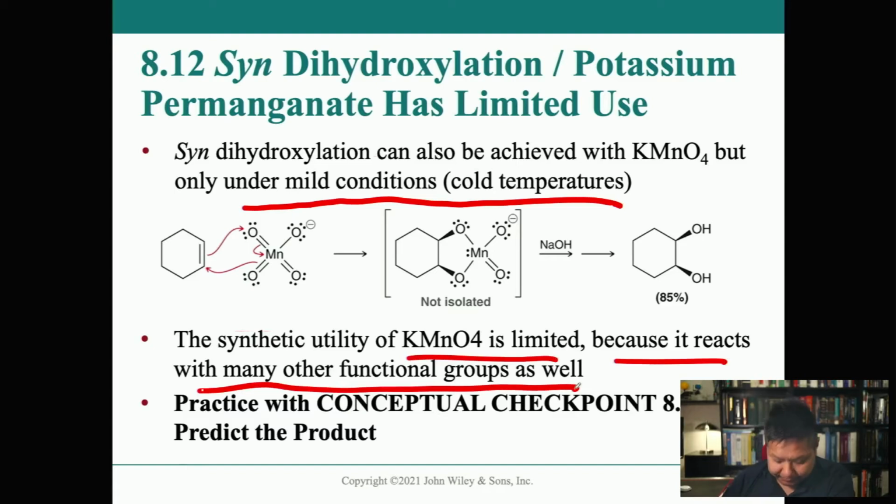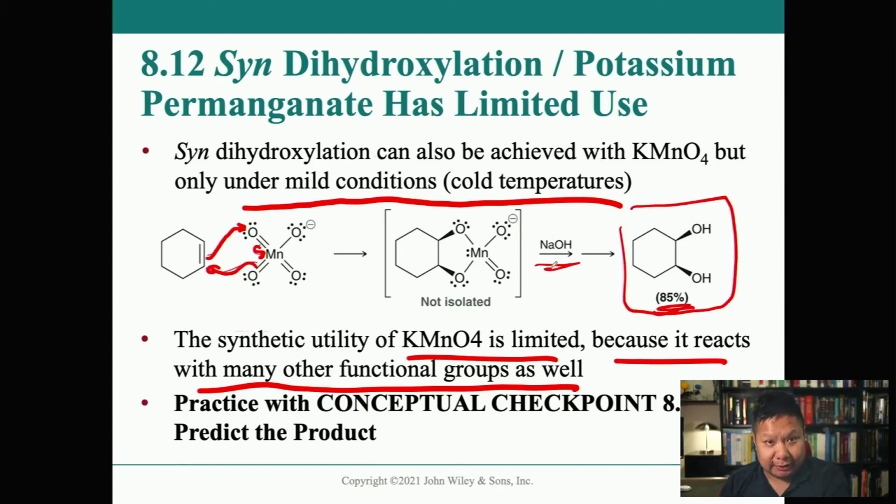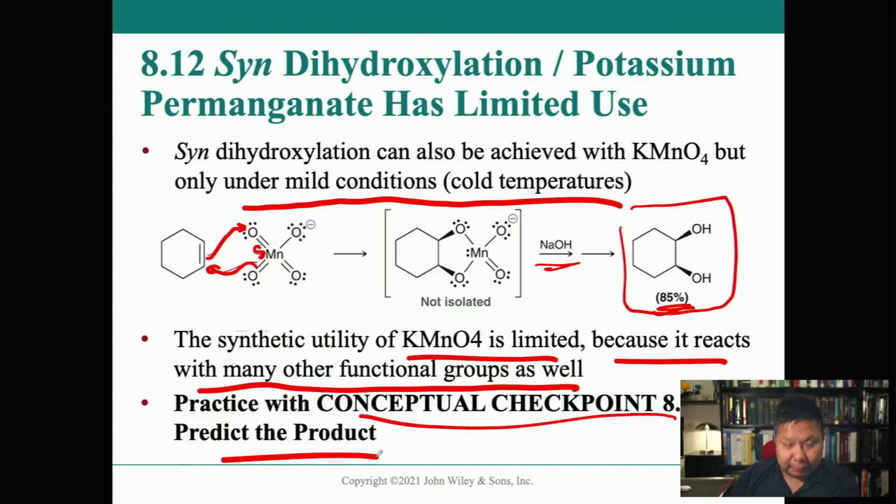But it is possible to do a syn dihydroxylation with an alkene like this cyclohexene and come up with the syn dihydroxylated product, 85% worth, after treating it with some sodium hydroxide. So practice this conceptual checkpoint 8.31. Predict the product on Wiley Plus.